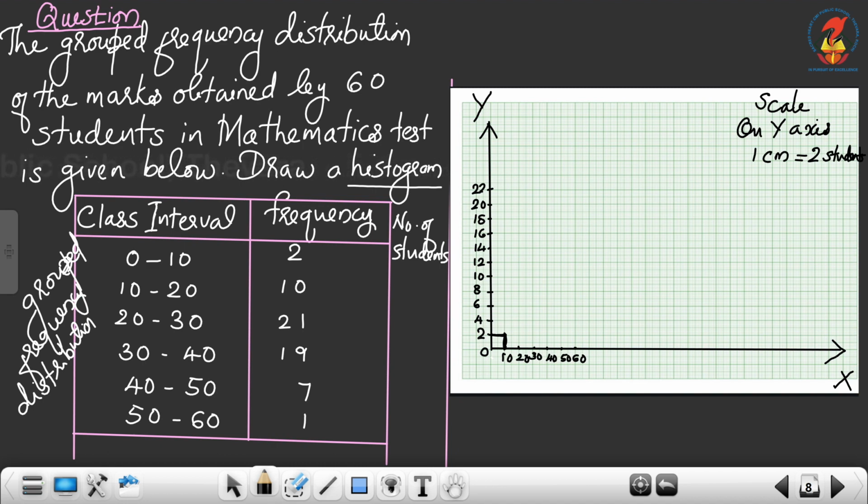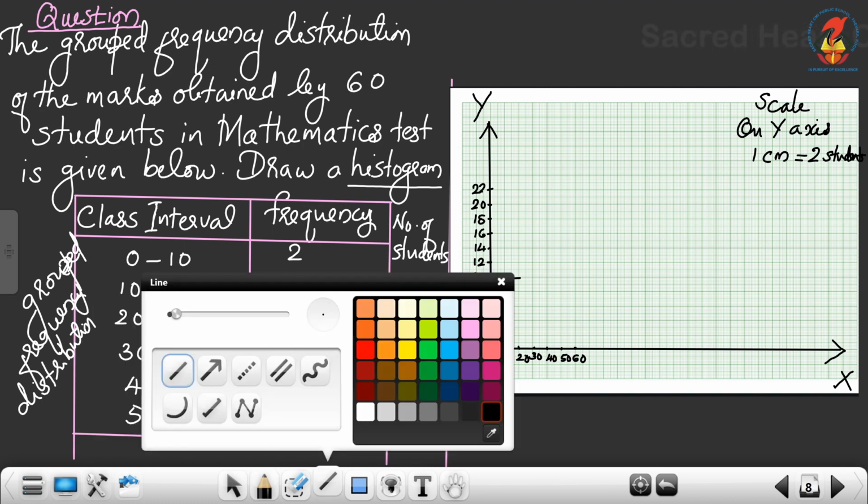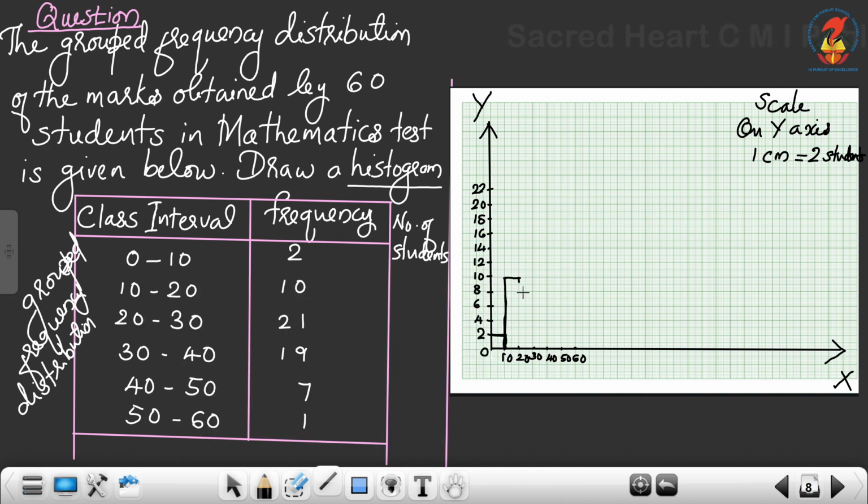Then next is 10 to 20. 10 to 20 is given as 10. Next is 20 to 30, which is 21. This one is 20, the next one is 1 centimeter, which is given as 2 units.